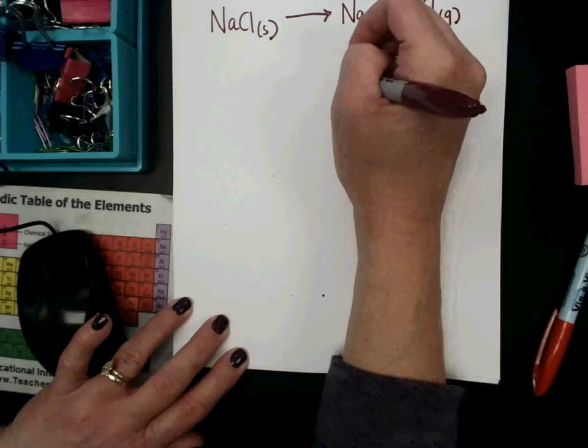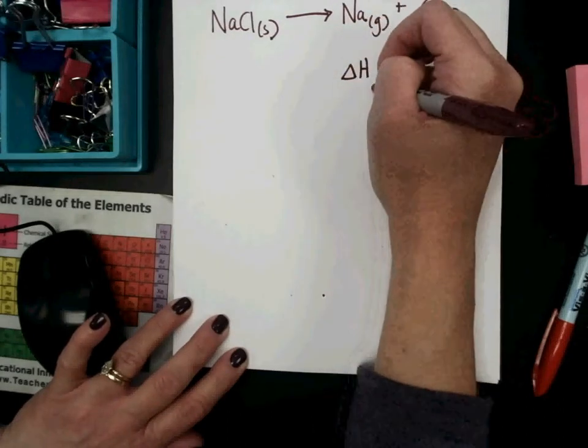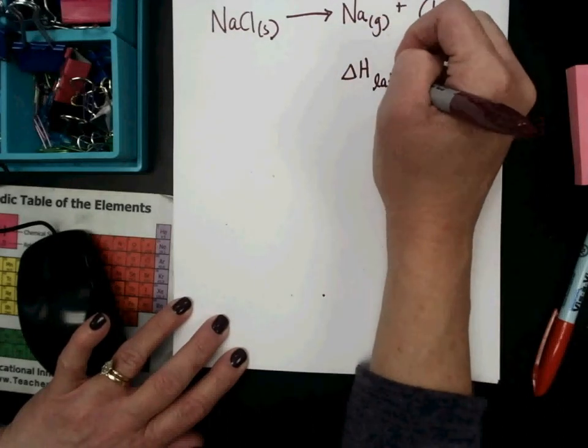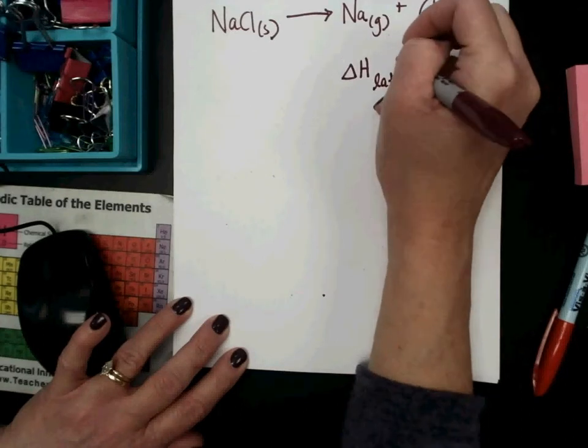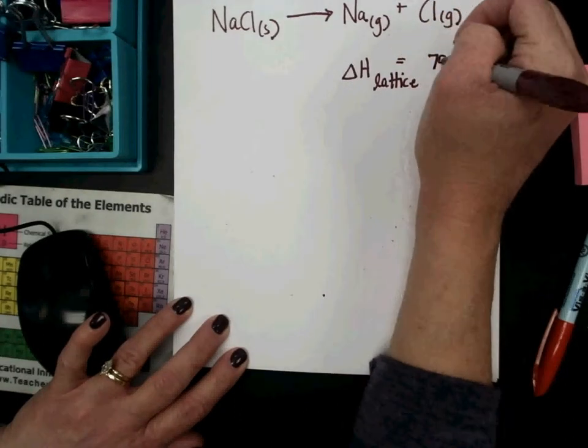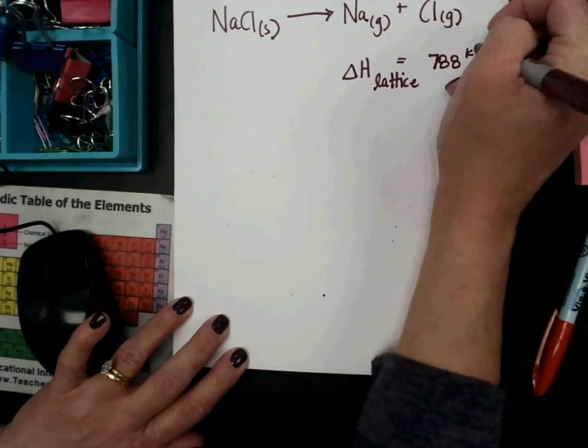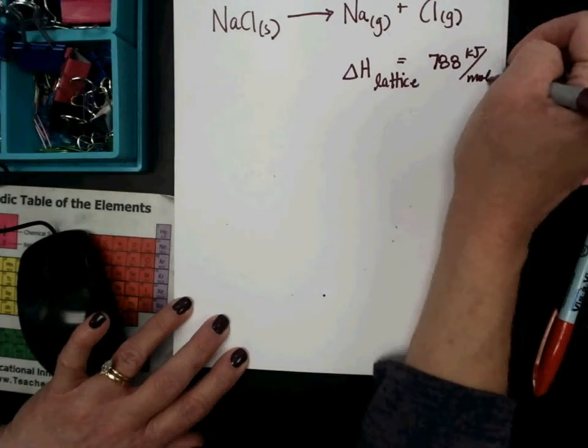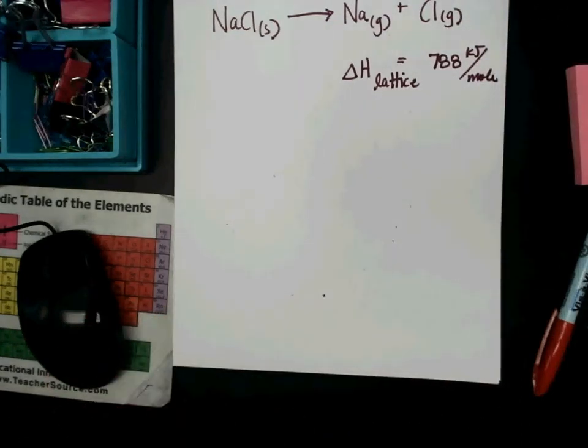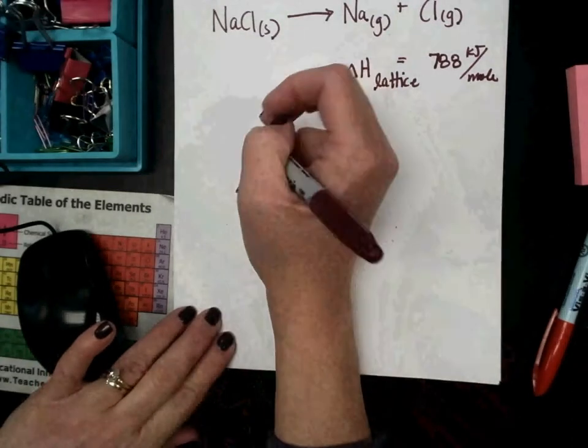Following that, you would see delta H lattice is equal to 788 kilojoules per mole. That's what it took to break it apart. 788 kilojoules per mole. So I had to add that energy.